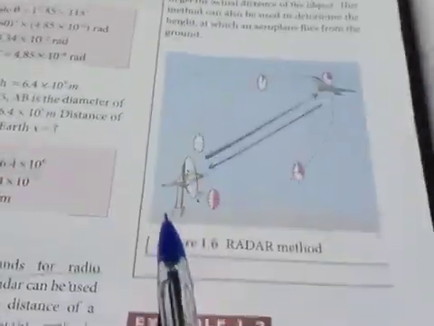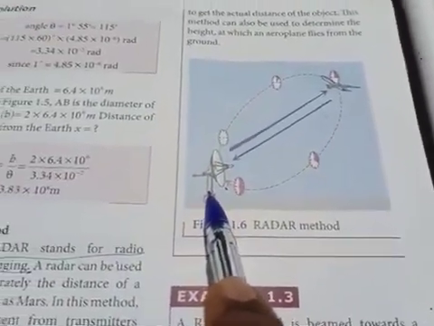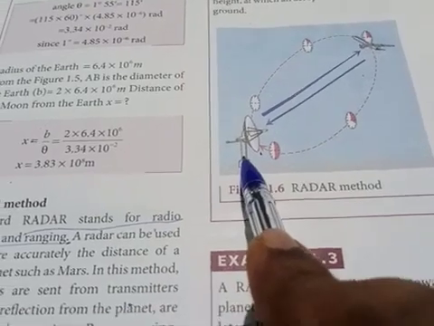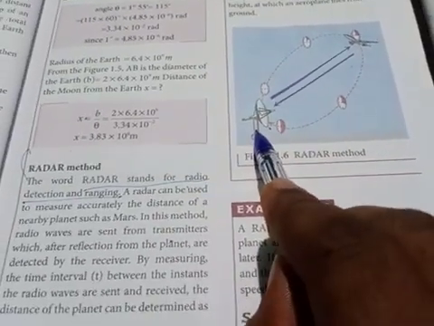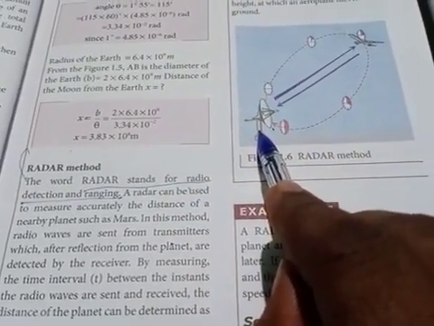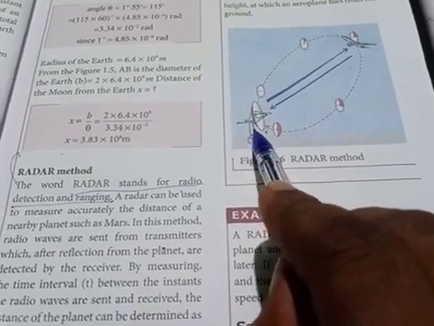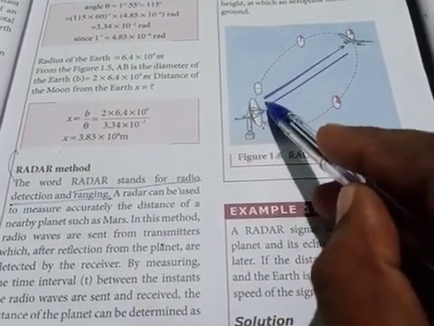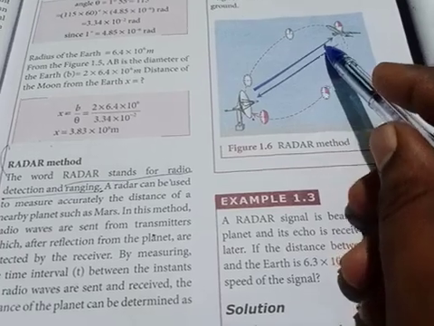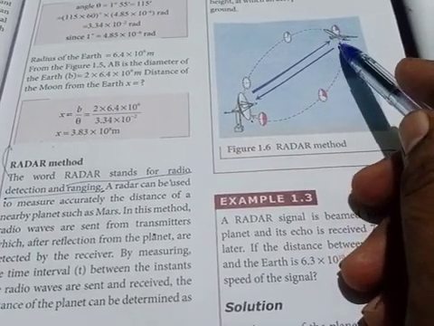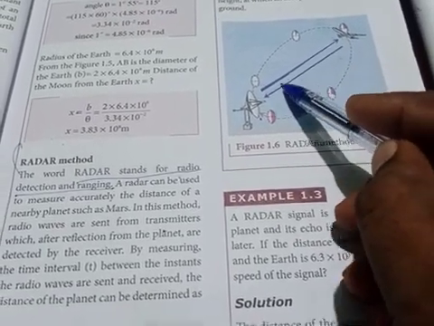You can see a transmitter here. From this transmitter, radio waves are sent. When it reaches the flight, it is getting reflected back.